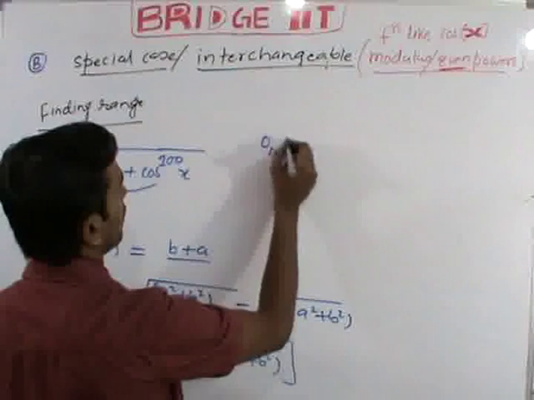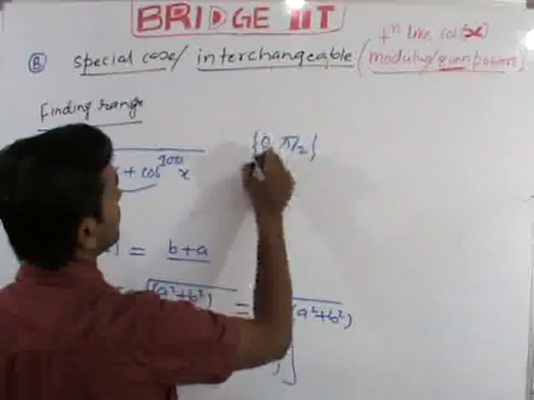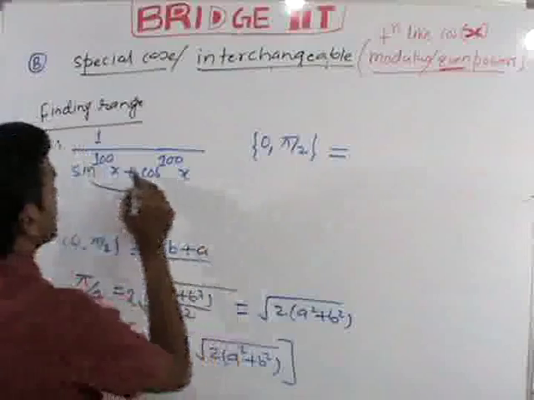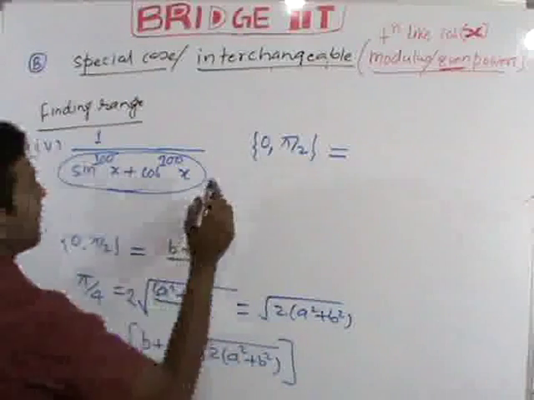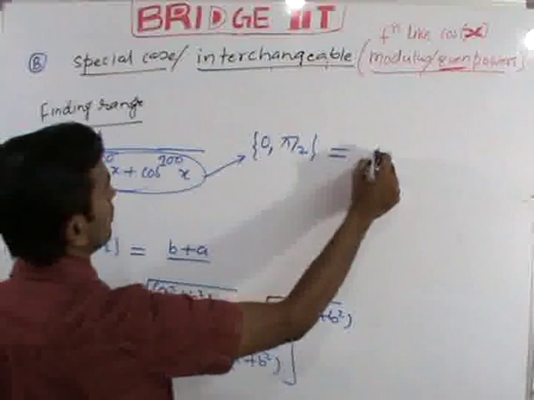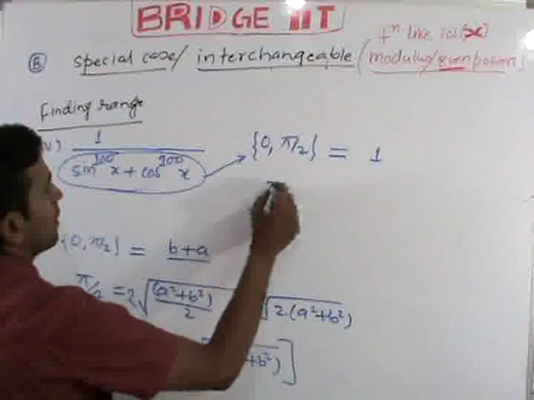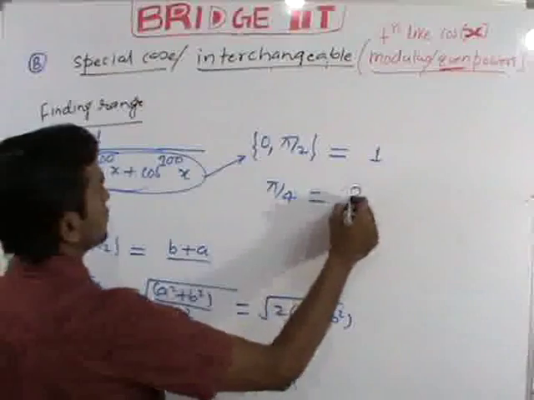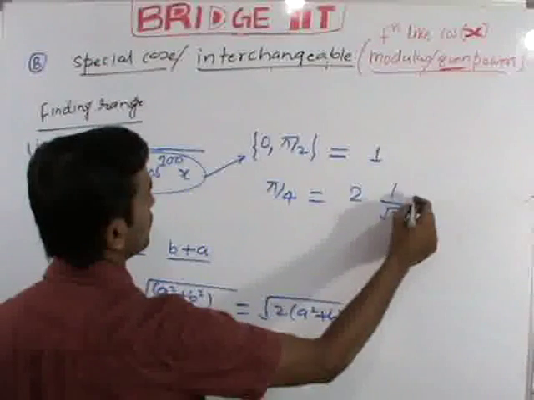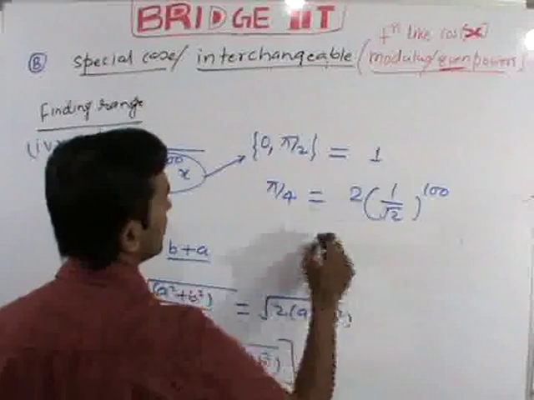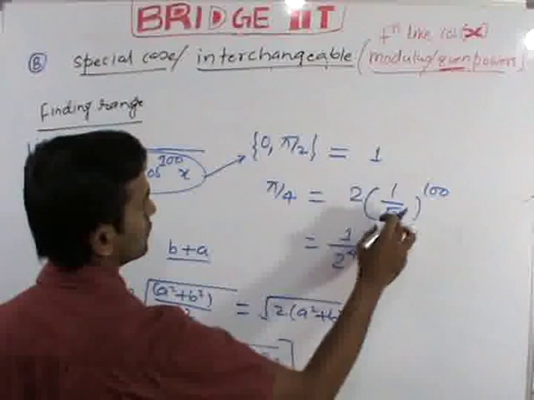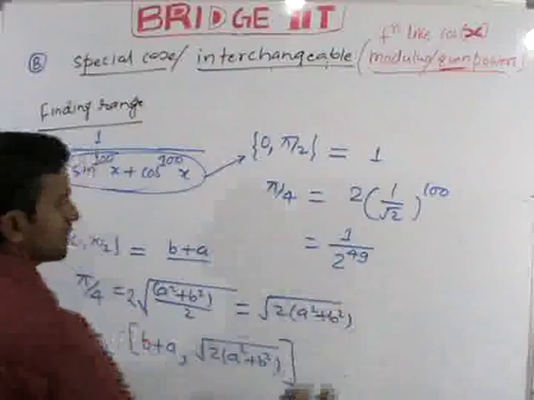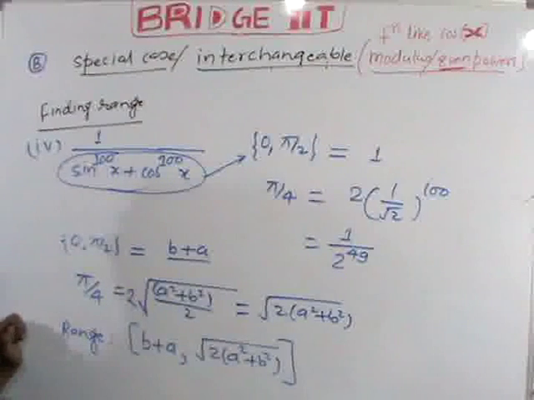So at 0 or pi by 2, let me first try to find out the range of the denominator. This function is 1, and at pi by 4 this value is 2 times 1 by root 2 to the power 100, and this is 1 by 2 to the power 49. This is 2 to the power 50, so 2 cancels, so 1 by 2 to the power 49.